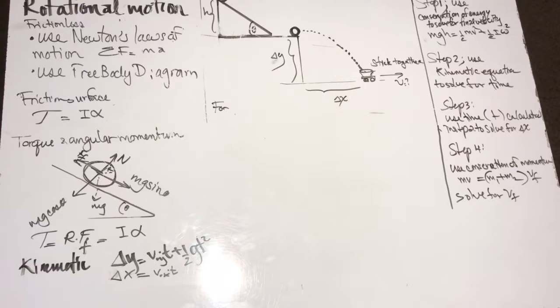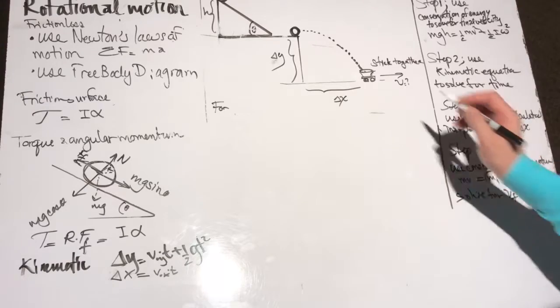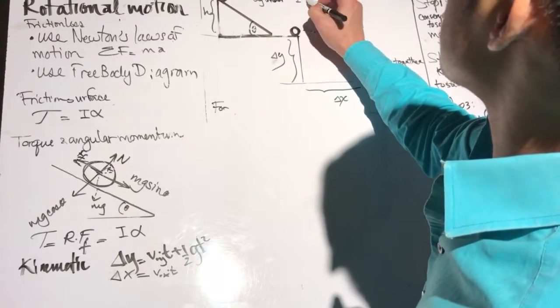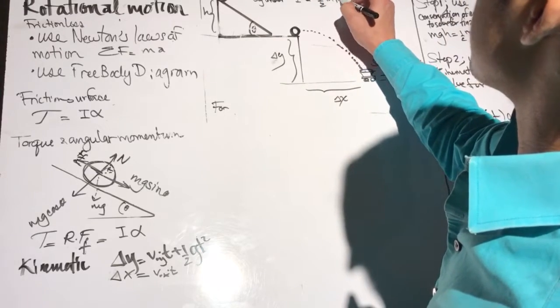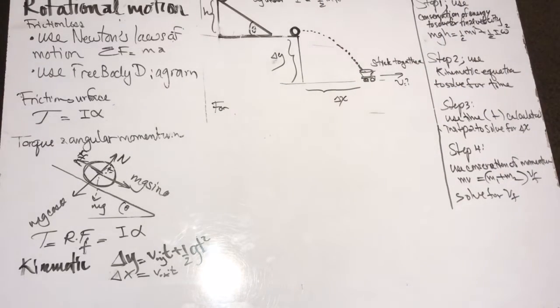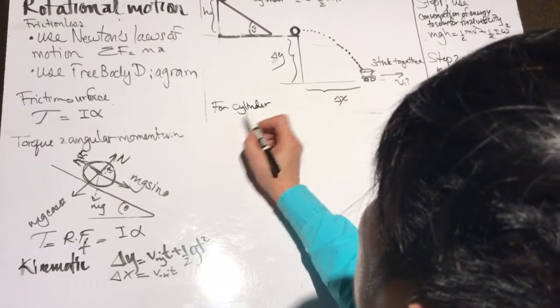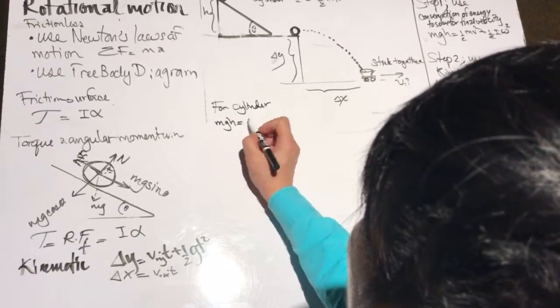So the question right now is, are we trying to figure out what object to use? For this one, I'm just going to go ahead and use the cylinder. So I'm just going to say the cylinder's moment of inertia is equal to 1/2 mass times radius squared.